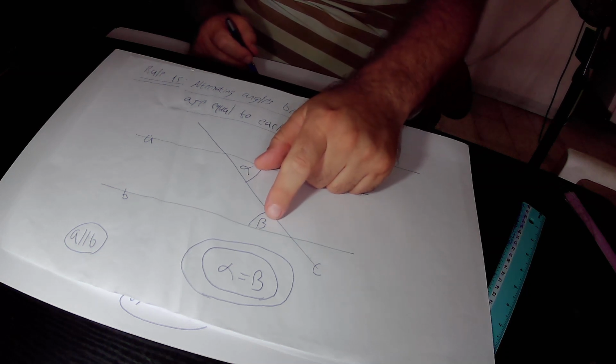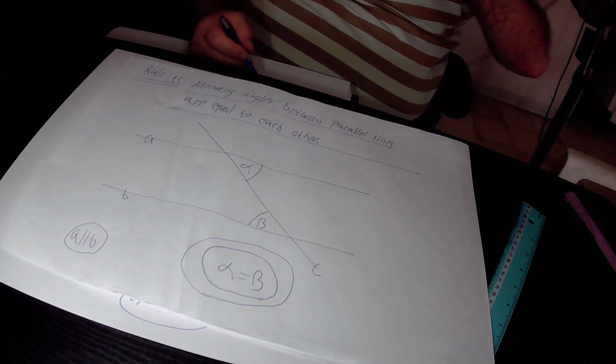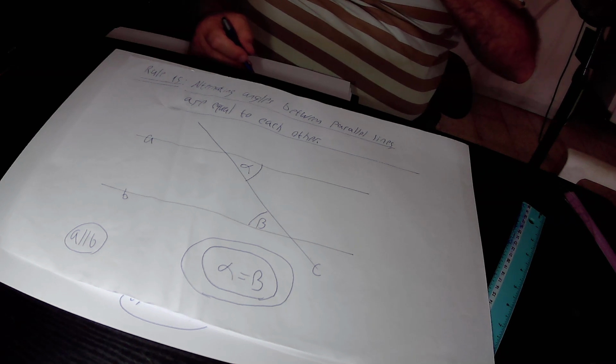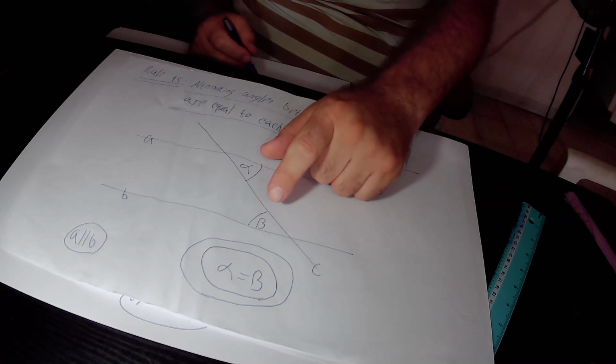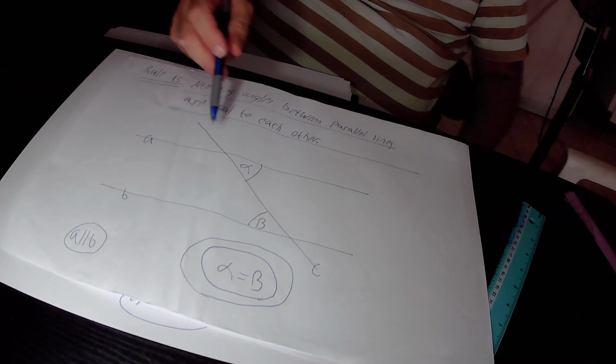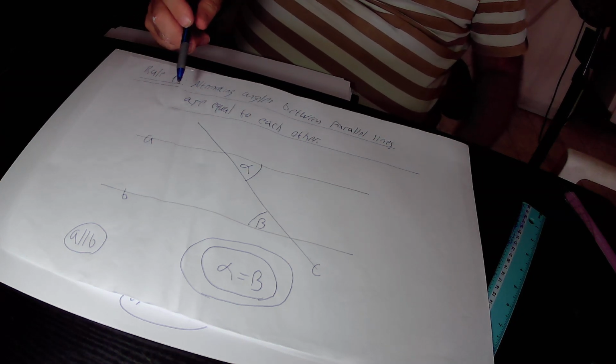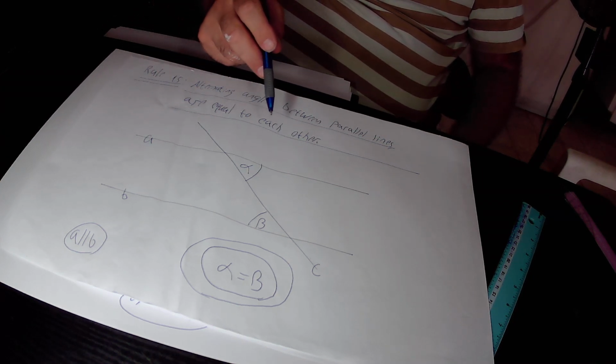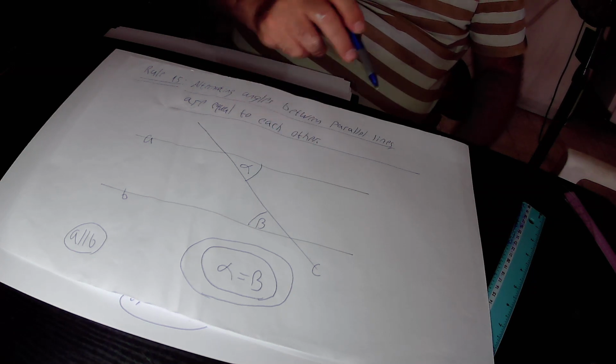Those are angles alpha and beta that are defined as alternating angles, and because those two alternating angles are located between the two parallel lines A and B, they must be equal to each other in their sizes. This is why alpha equals beta.